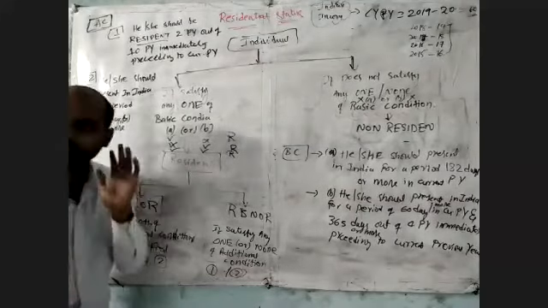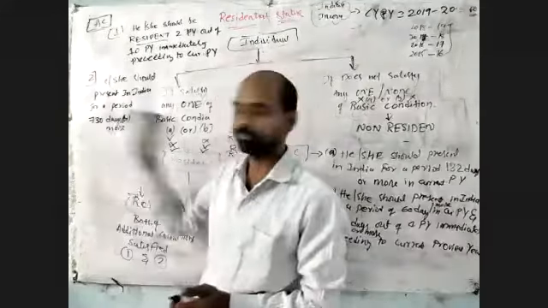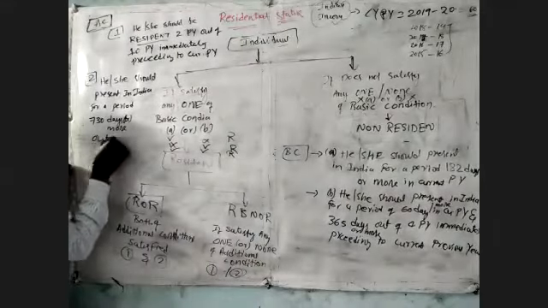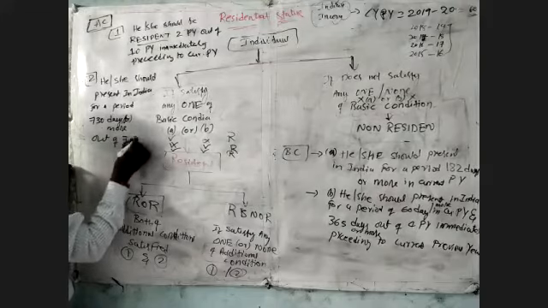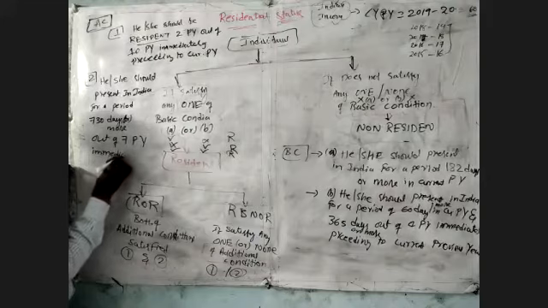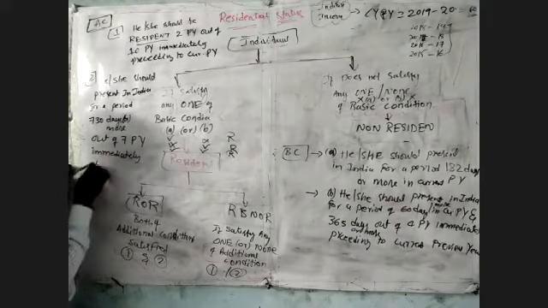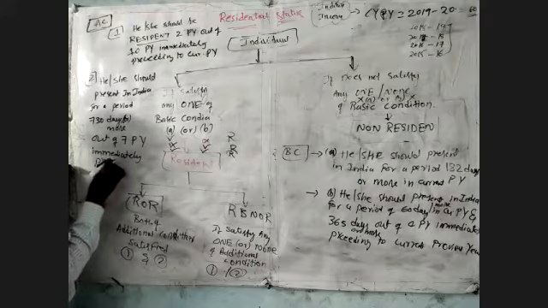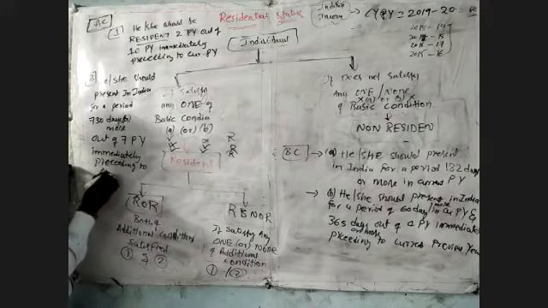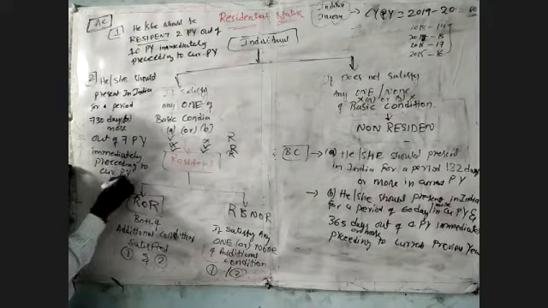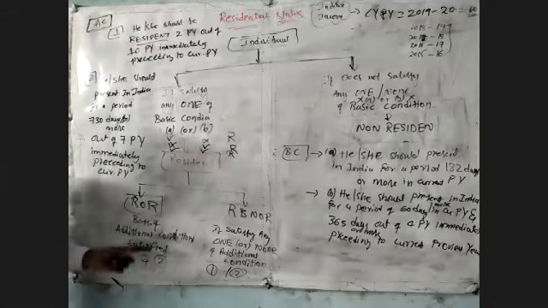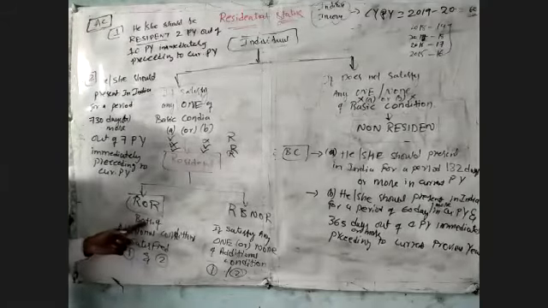Minimum 730 days you should be in India. So 730 days or more out of 7 previous years immediately preceding the current previous year. If he is satisfying both of the additional conditions, he will become resident and ordinary resident.